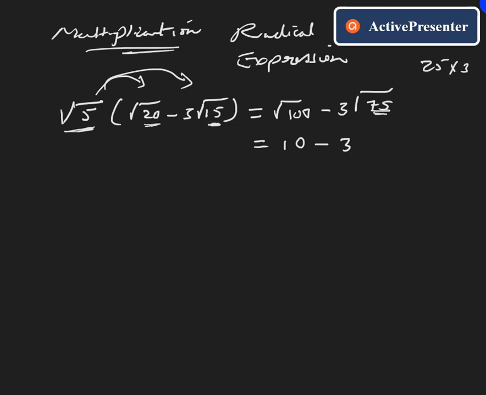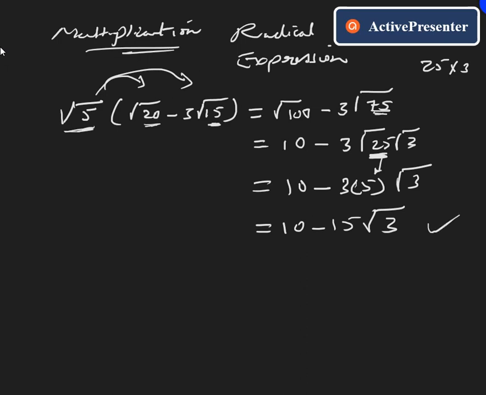So equal to square root of 25 multiplied the square root of 3. So this is eventually equal to 10 minus 3 multiplied in 5, which is the square root of 25 is 5, multiplied in the square root of 3. So it is 10 minus 15 square root of 3. This is how we do multiplication of radical expressions using the distributive property.